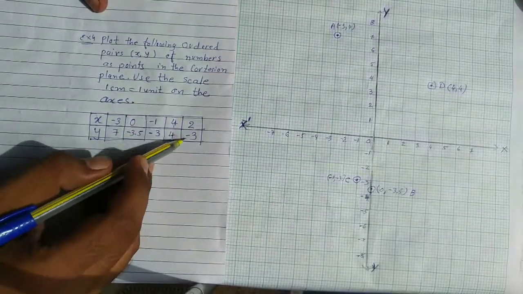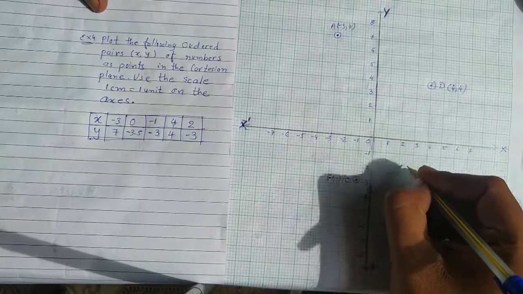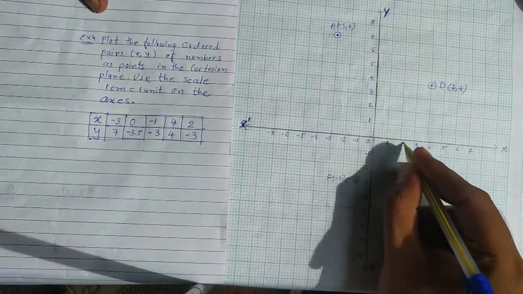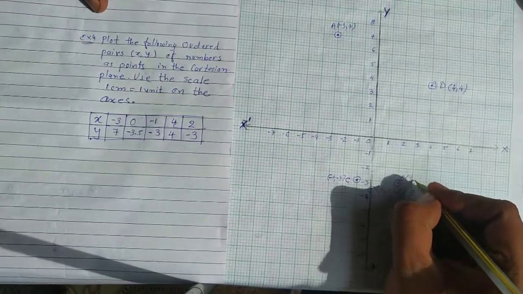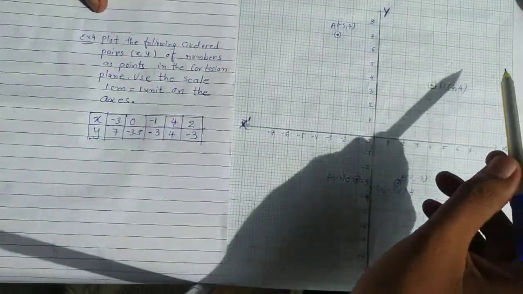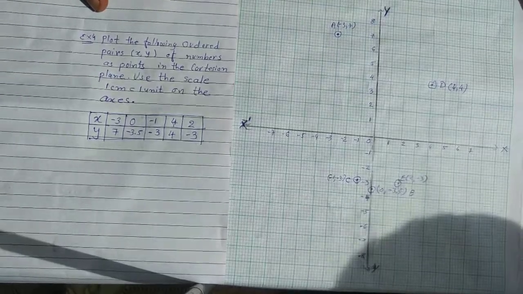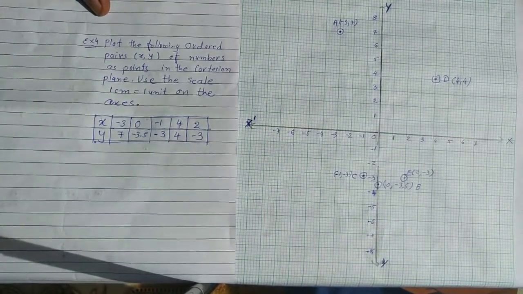And E is (2, -3): 2 on the x-axis and -3 here, (2, -3). Okay, this is question number 4. Ready?